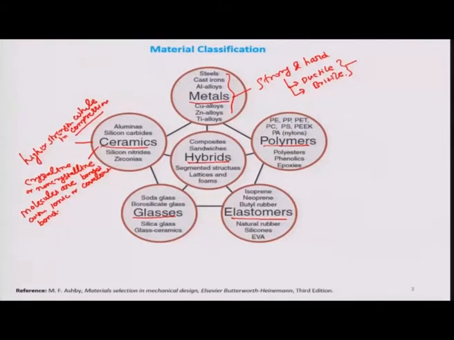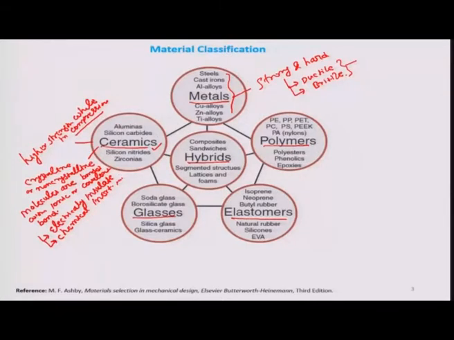Ceramics are generally brittle in nature, so when you apply tension, they will fracture immediately. In comparison to metals, fracture takes place at a much earlier stage. These materials are also electrically insulating, chemically inert, etc.